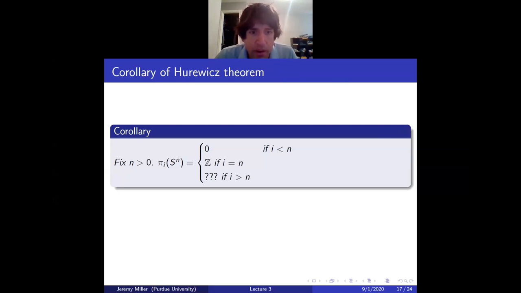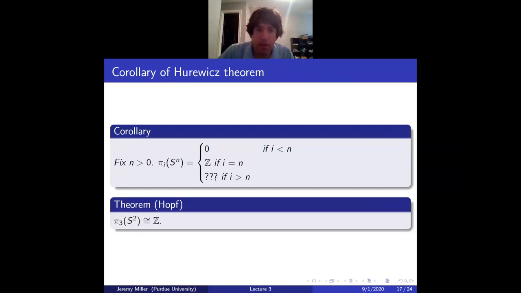You know what pi 0 of a sphere is, so if you think my statement is wrong for that, well, you know what it is, so it's fine. And it says that pi n of S^n is Z. Yeah, so that part makes sense, and then you might say, well, I don't know.